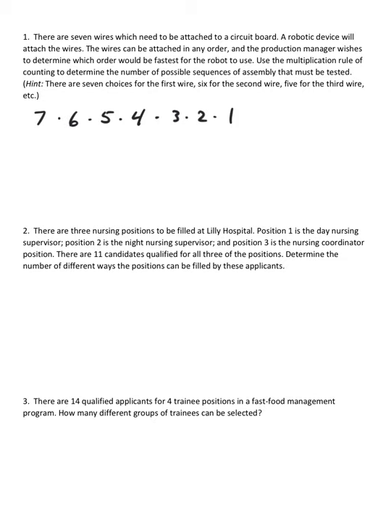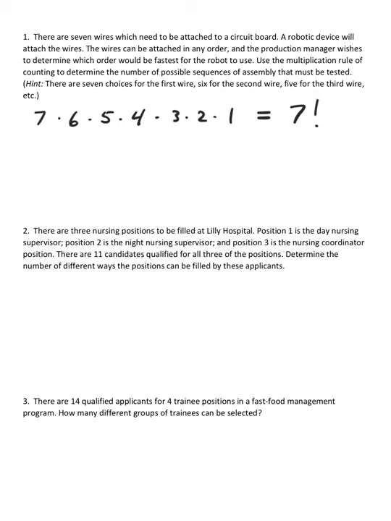Descending consecutive integers, just like this one, all the way down from 7 to 1, this is equivalent to what's called 7 factorial. An exclamation point is used to denote this type of multiplication.